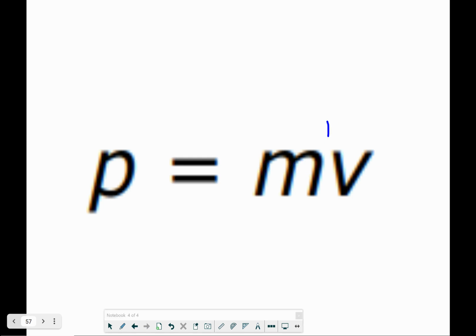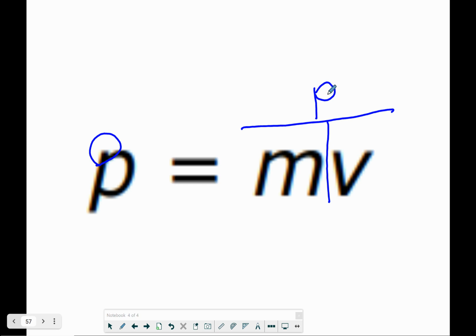So we're going to separate m and v, put a line over the top of it, and this is a lowercase p. The reason I know this is a lowercase p is it has a little ear right there. A capital P will not have that little ear. So you are going to make sure your p has that little ear.